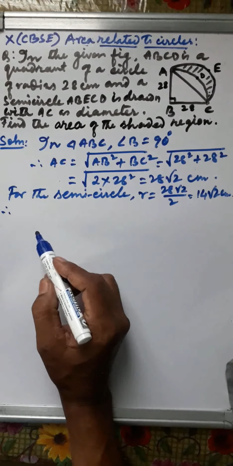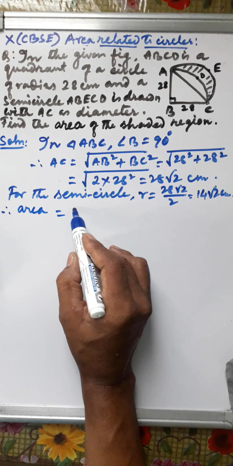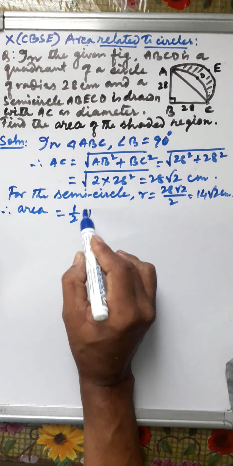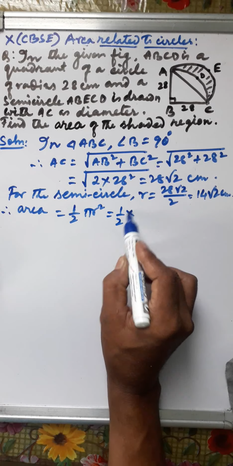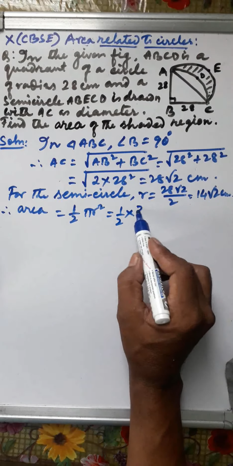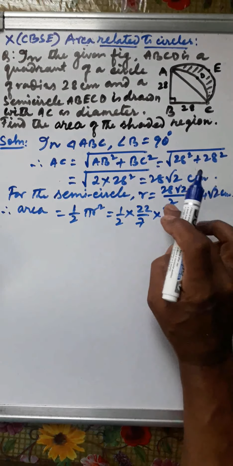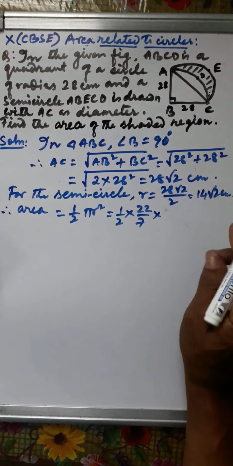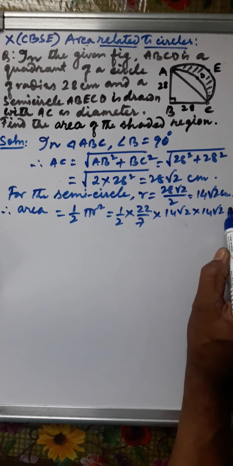This is the radius of the semicircle. Therefore, area is equal to 1 by 2 pi r square, half of the circle, 1 by 2 into 22 by 7 into 14 root 2 into 14 root 2 centimeter square.